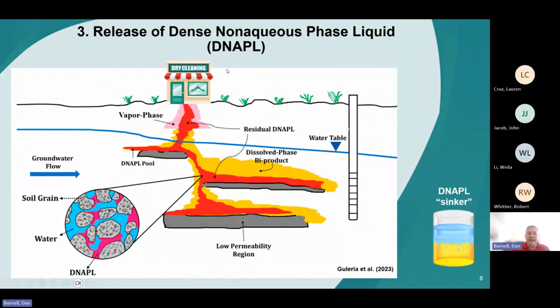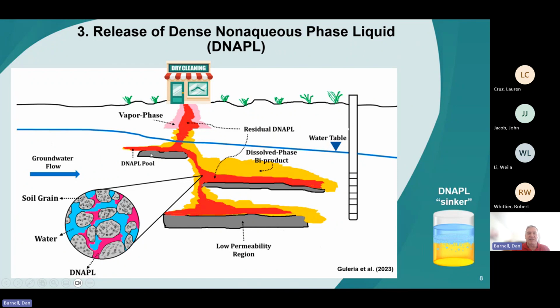Similarly, if we have a dense non-aqueous phase liquid, DNAPL, remember, we call those sinkers. They tend to sink to the bottom because they're heavier than water. And so if a DNAPL is spilled or released at land surface, it can migrate through these cracks and crevices as a separate phase.